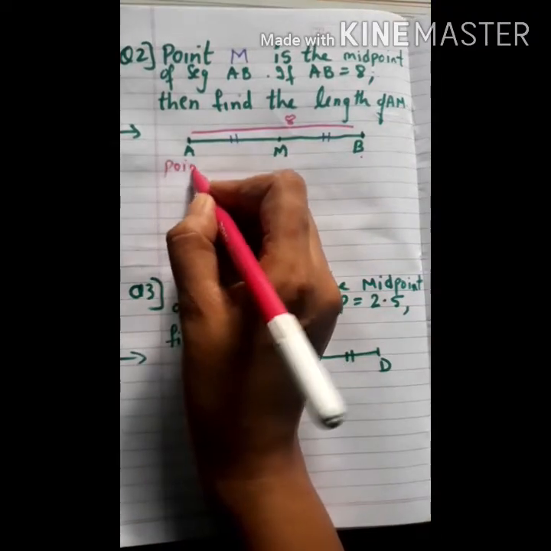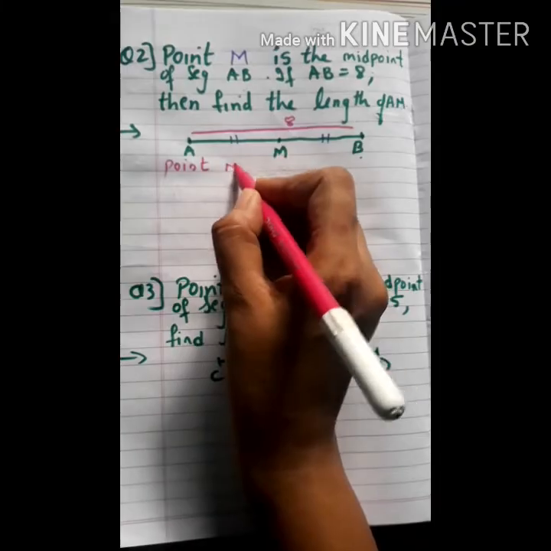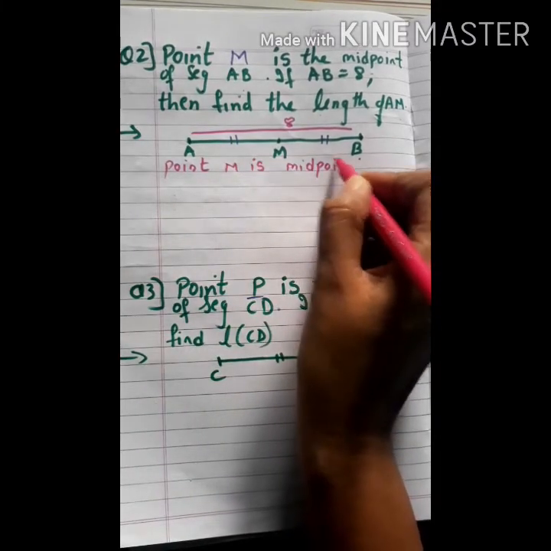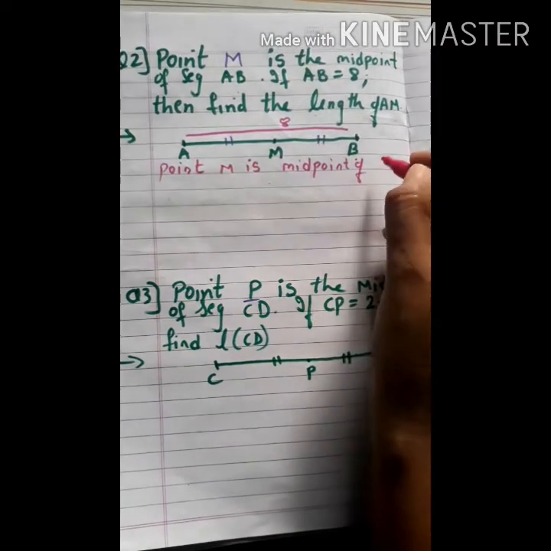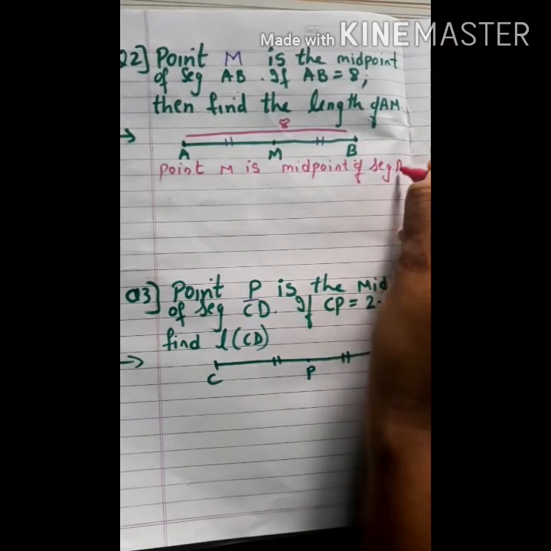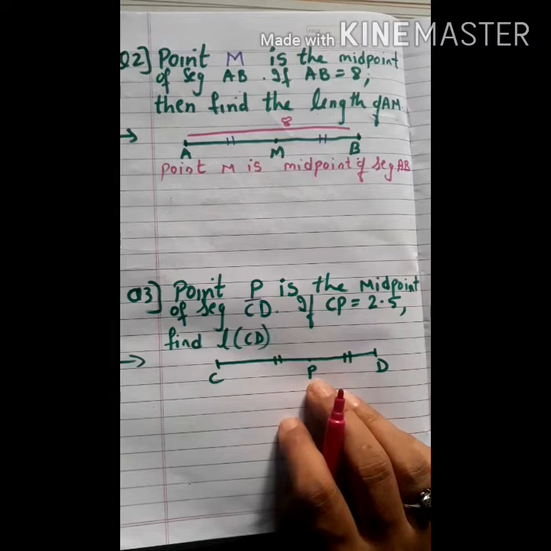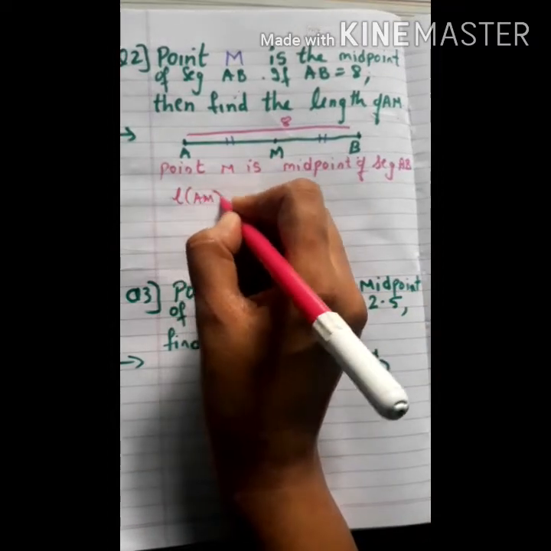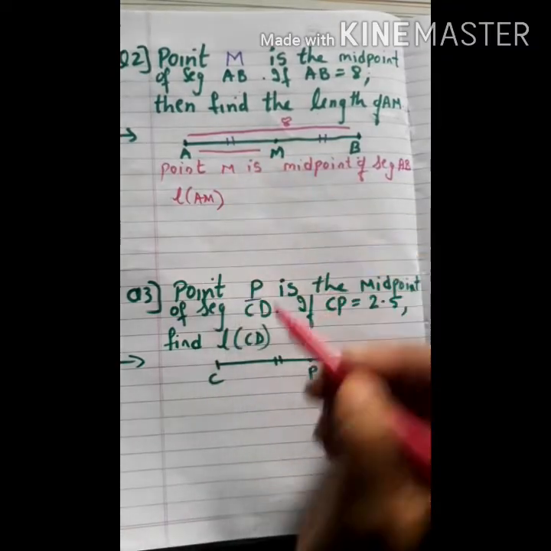Point M is midpoint of segment AB. We have to find the length of AM.